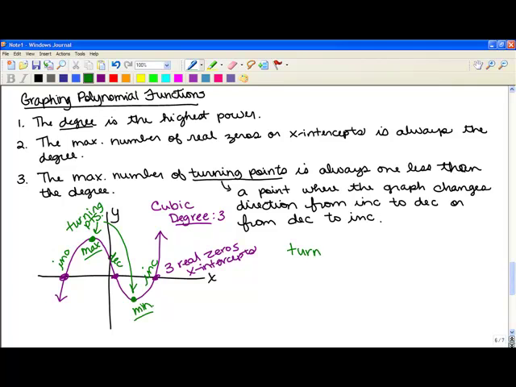So turning points are always relative maximums and relative minimums. So for this particular graph, we have 3 real zeros, which are also called x-intercepts, and we have 2 turning points, the maximums and the minimums.